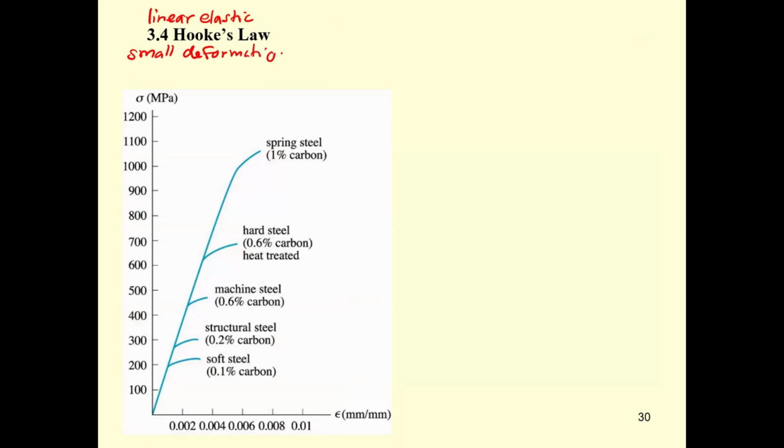The linear elastic is going to be the first portion of the stress strain diagram. For the steel, no matter if you put the carbon into the steel, since the percent carbon is not that high, it may be as much as 1%, it won't affect the stiffness or modulus of elasticity of the steel.